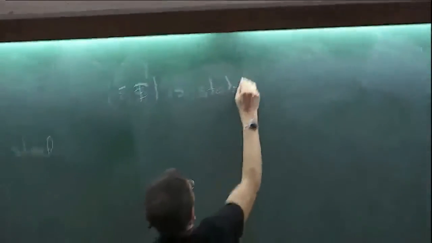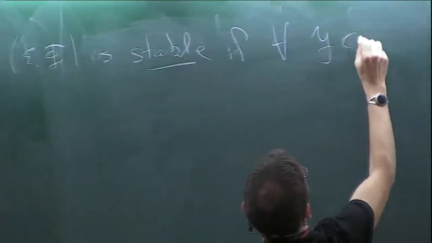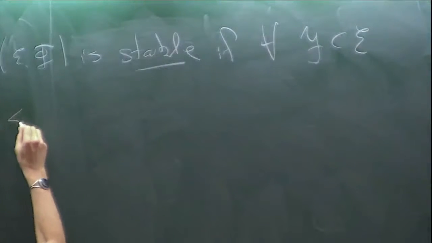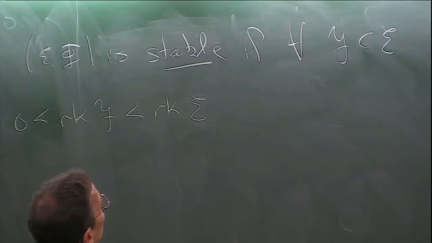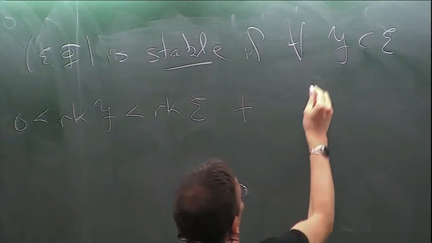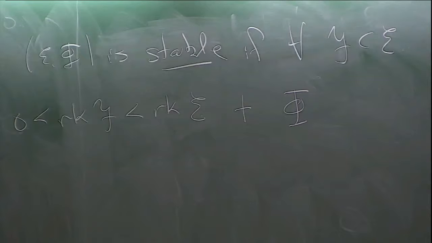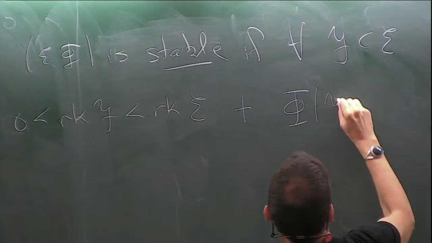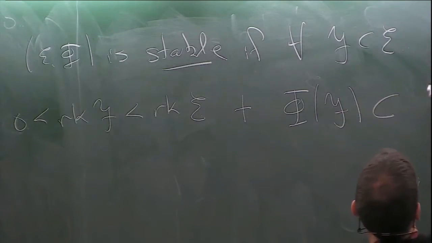So (E, φ) is stable if for all subsheaves F where the rank is strictly between 0 and the rank of E, and an extra condition here is that, so I can think of φ as a holomorphic one-form with values in the endomorphism bundle, and so I require that when I map this subsheaf, this lands in the subsheaf again.